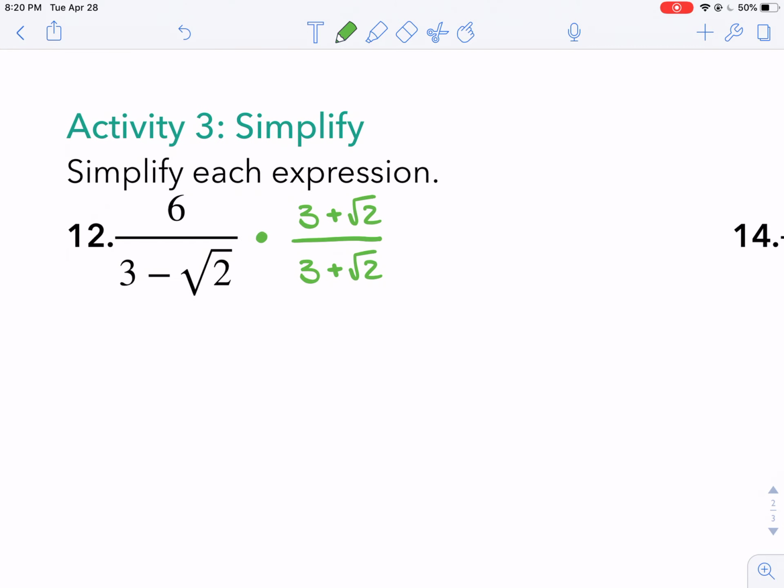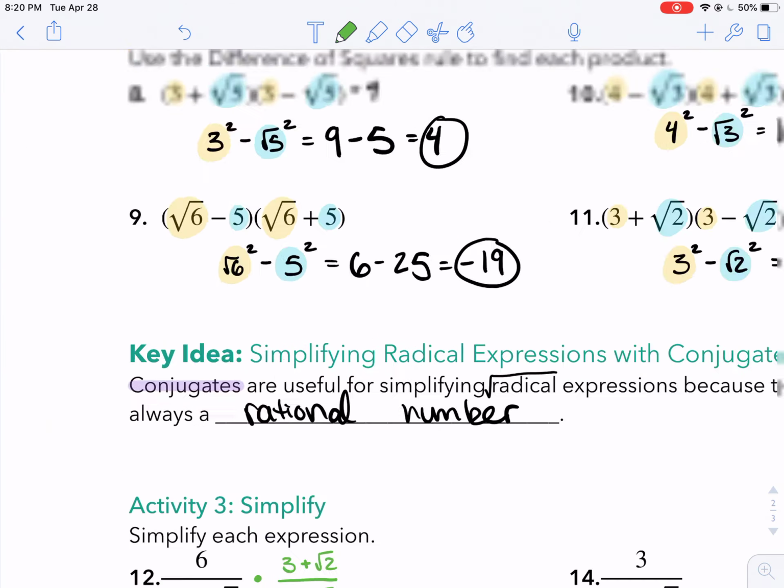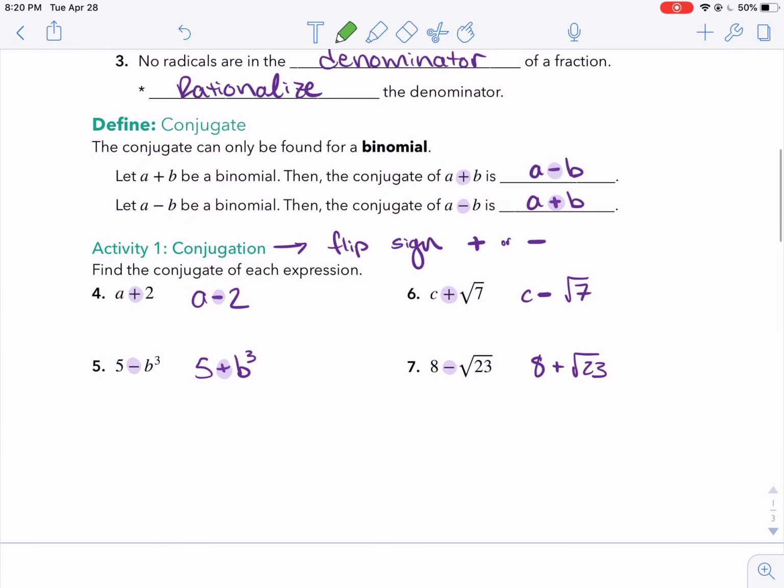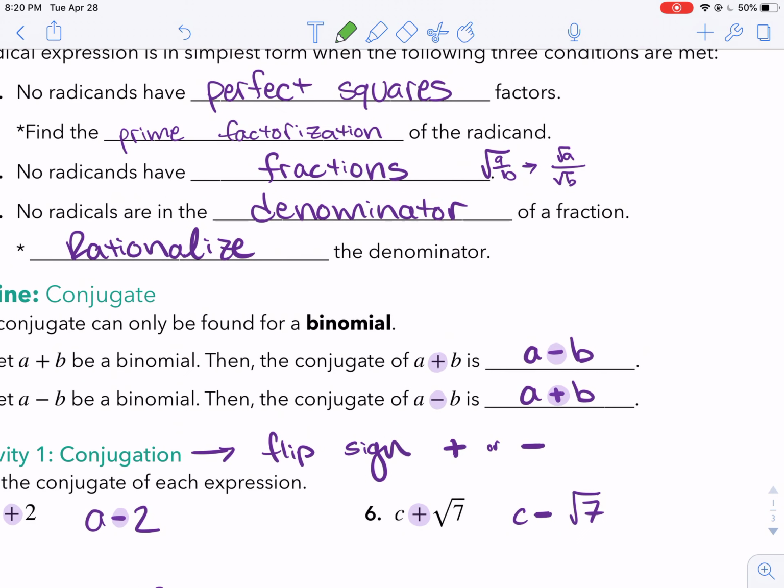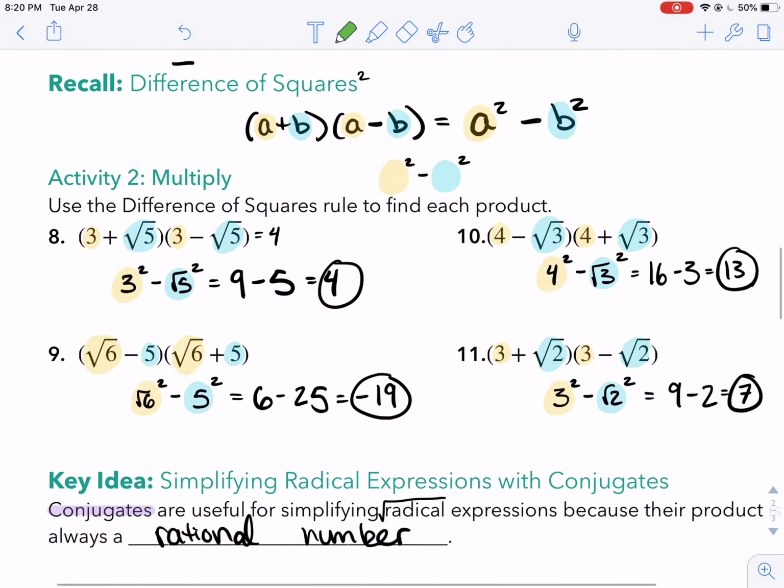So to rationalize the denominator, let's add this way at the top. To rationalize the denominator, you need to multiply top and bottom by the conjugate. So let's go ahead and do that now.